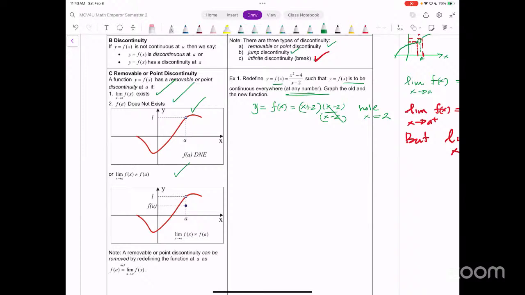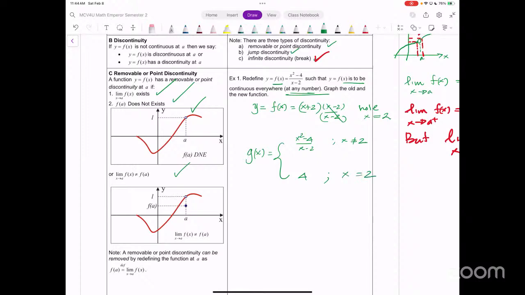So the new function g of x is equal to x squared minus 4 over x minus 2 when x is not equal to 2, and then you can put some random value you like. I'm going to say 4, just 4 when x is equal to 2.